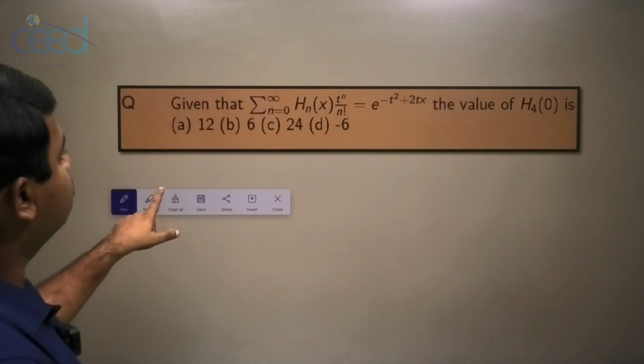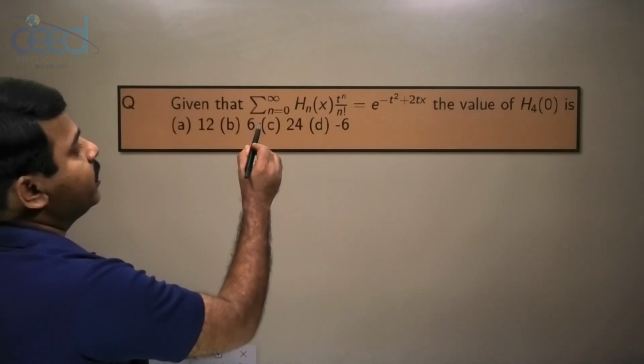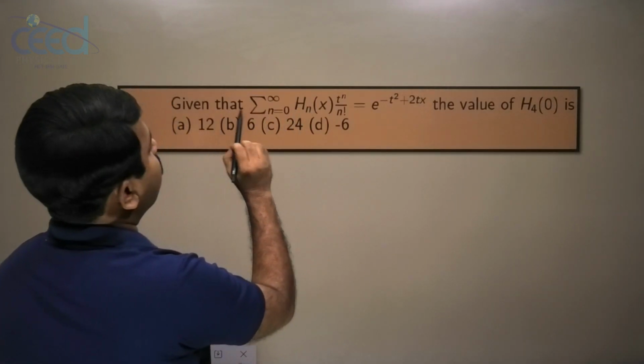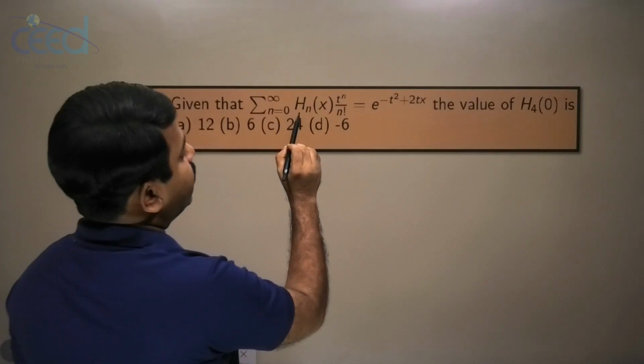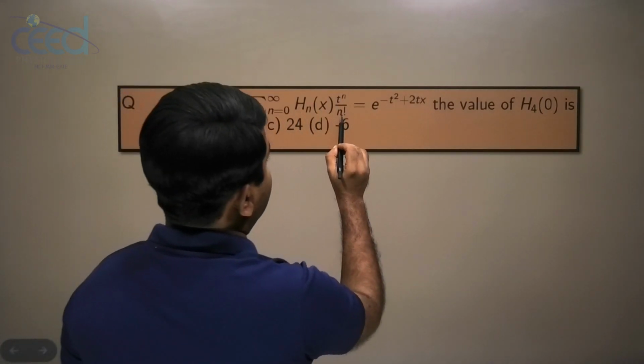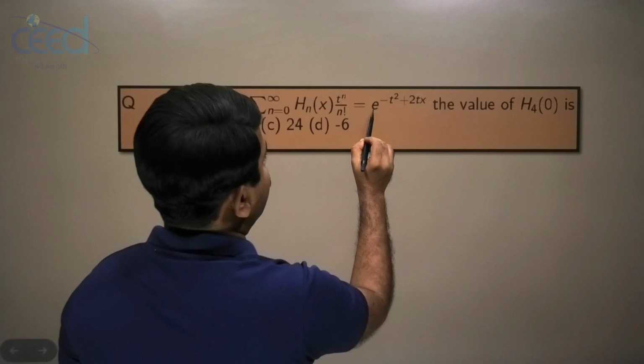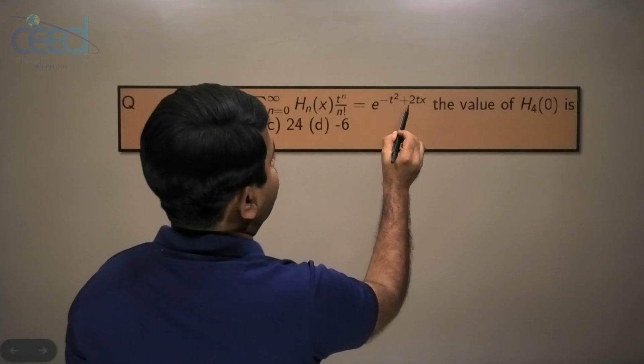Now the question is, the generating function they have given is the sum from n equal to 0 to infinity of h_n(x) t raised to n by n factorial equal to e raised to minus t squared plus 2tx.